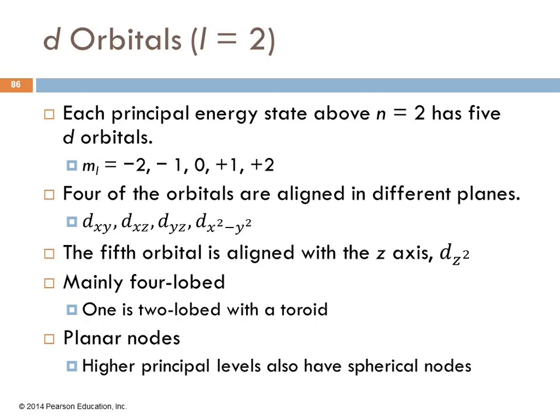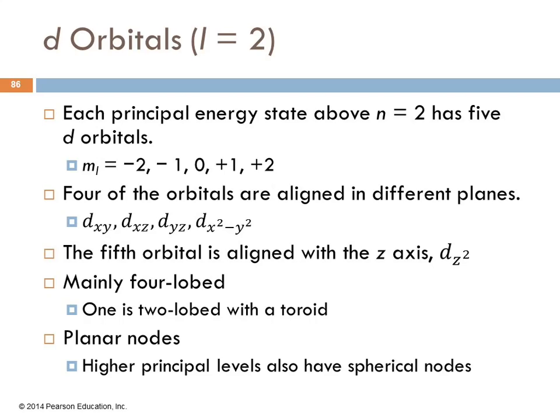And so we've got dxy in the xy plane, dxz in the xz plane, dyz in the yz plane, and dx squared minus y squared. And then the 5th one is along the z-axis. So 4 of them have 4 lobes, and the other one is called a 2-lobed toroid.